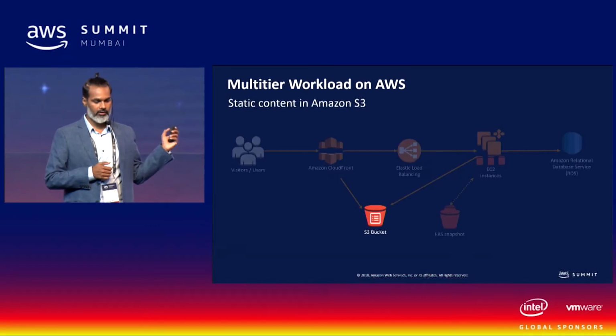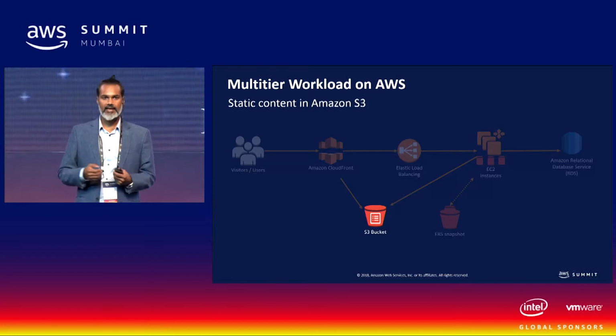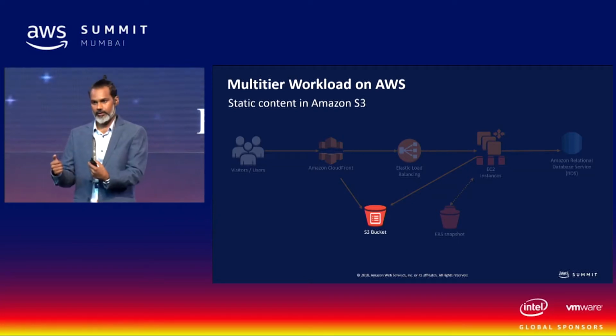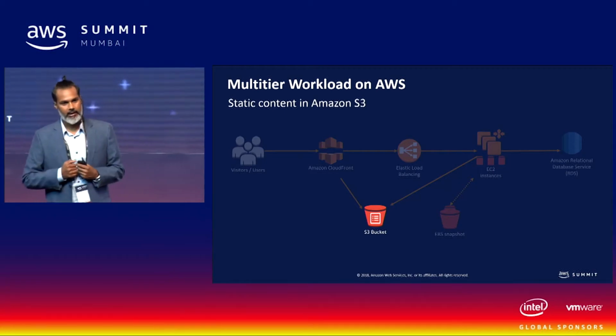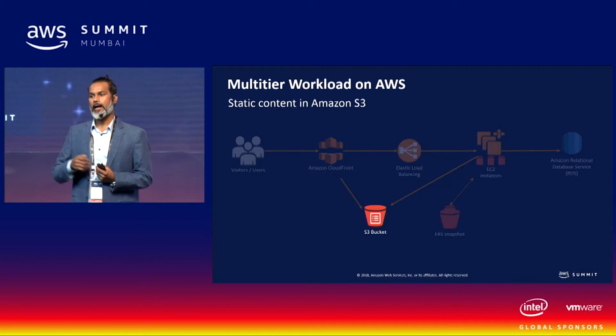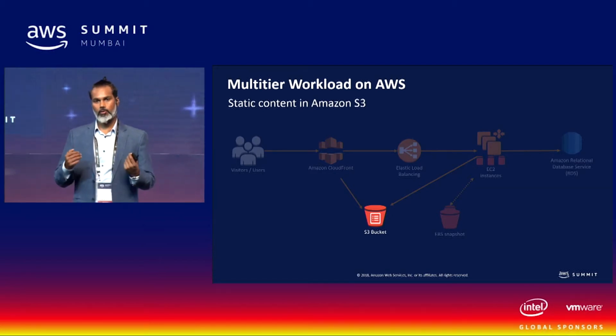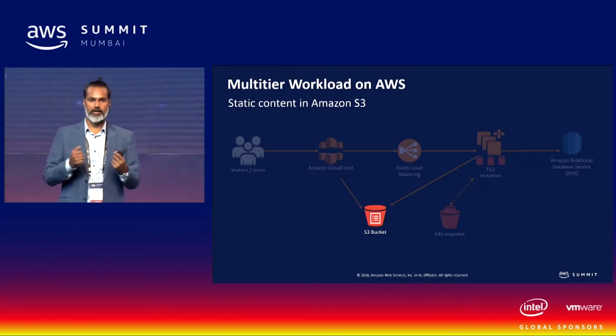Your workload might be something like this. You store data on S3. Static content goes on S3, maybe the website static content, but apart from that, you also store sensitive information in the form of backups, in the form of maybe just capturing customer data onto an S3 bucket.